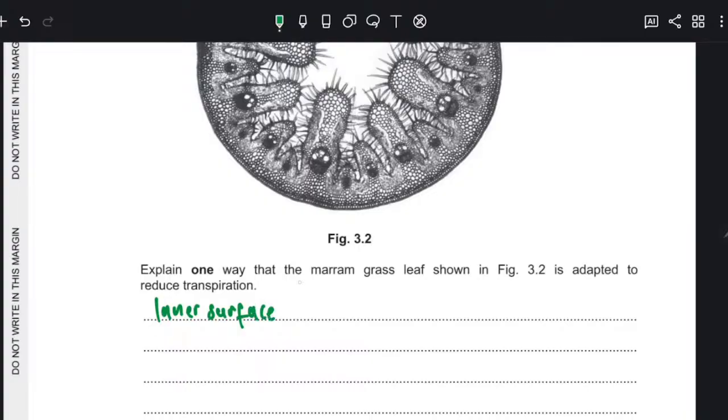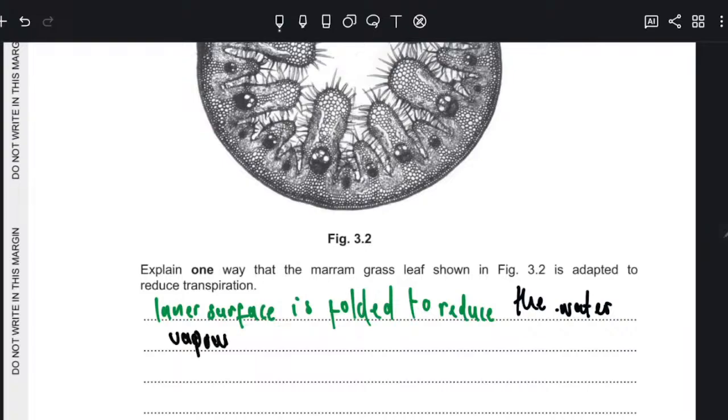The inner surface is folded. Are we together? To reduce the water vapor diffusion out of stomata.